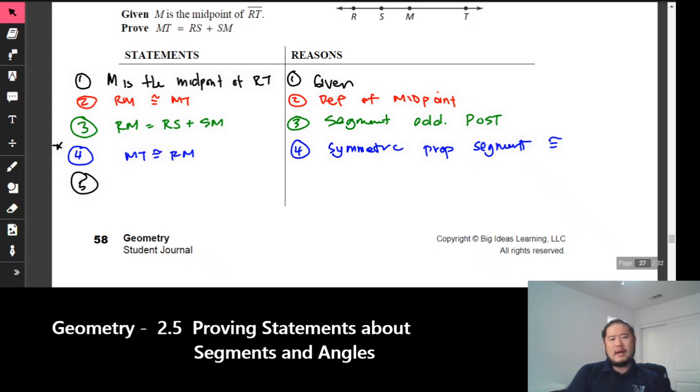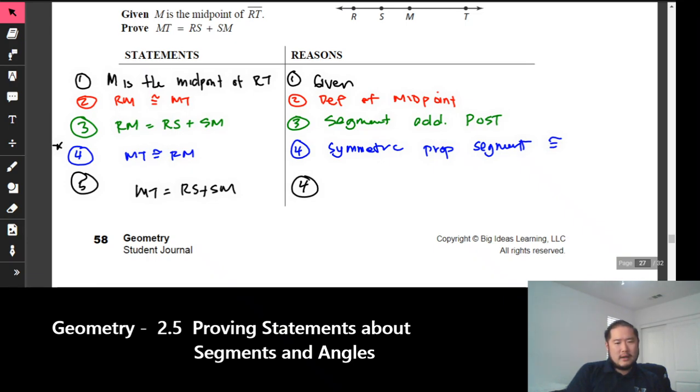If not, I say that if we take a look at right here, 2 and 3, these two statements, I can make it look like our final statement, which is to prove that MT is equal to RS plus SM.